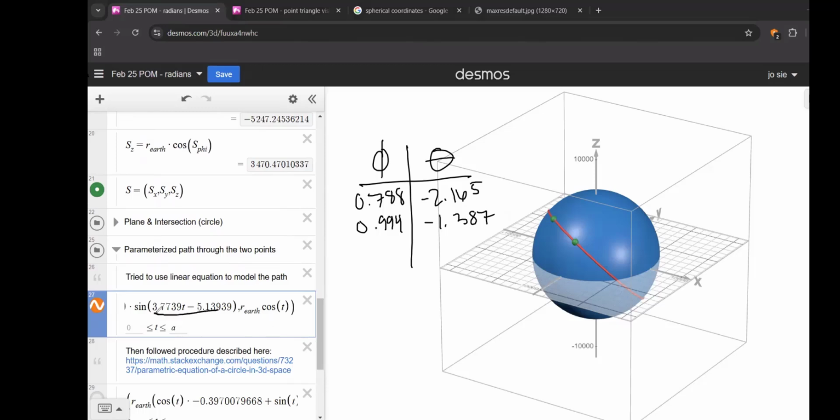That relationship specifically can be seen here. I made theta be like my y and phi be like my x, essentially. And I got this relationship that theta would equal 3.7739t minus 5 point... I used t later, but this would have been phi.